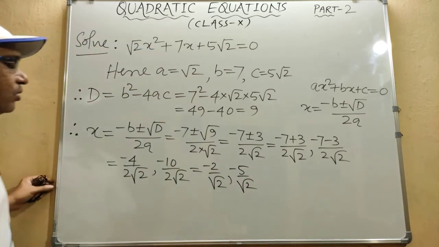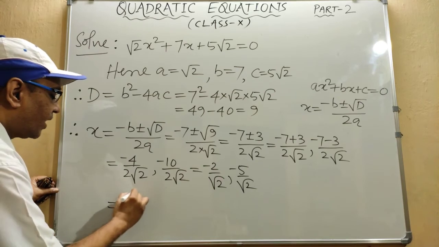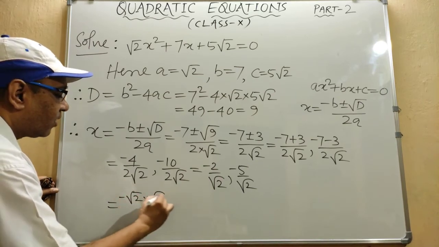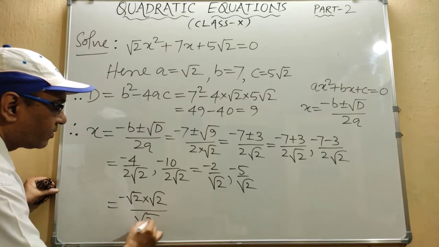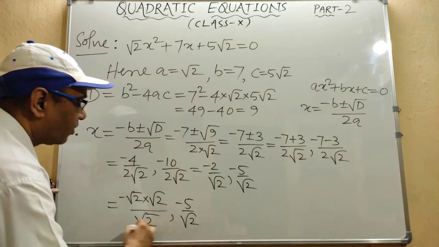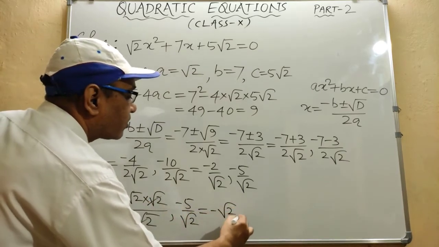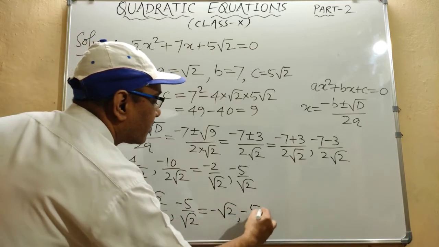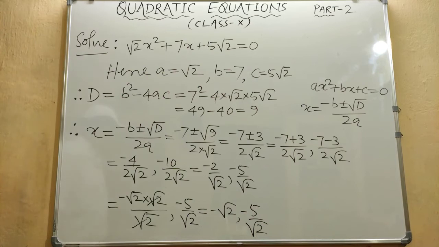These are the two roots. Also you can simplify this minus 2. 2 can be written as root 2 into root 2, so root 2 into root 2 by root 2, and second is minus 5 by root 2. So in this way you can cancel. So one is minus root 2 or minus 5 by root 2.